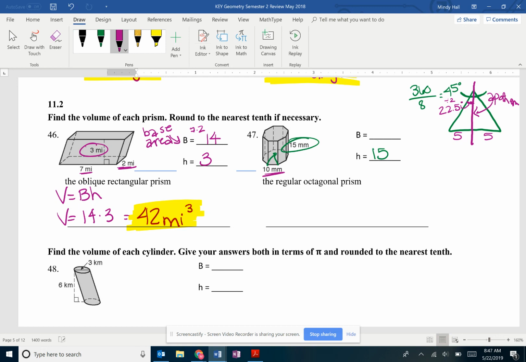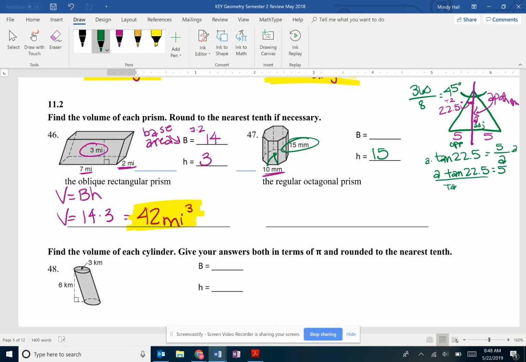So now I have an angle, I have a side length, and I need to know another side length. So this is opposite, and my apothem is the adjacent. So I would do tangent of 22.5 equals opposite over adjacent. So then we would multiply by a to both sides. So we have a times tangent 22.5 equals 5.